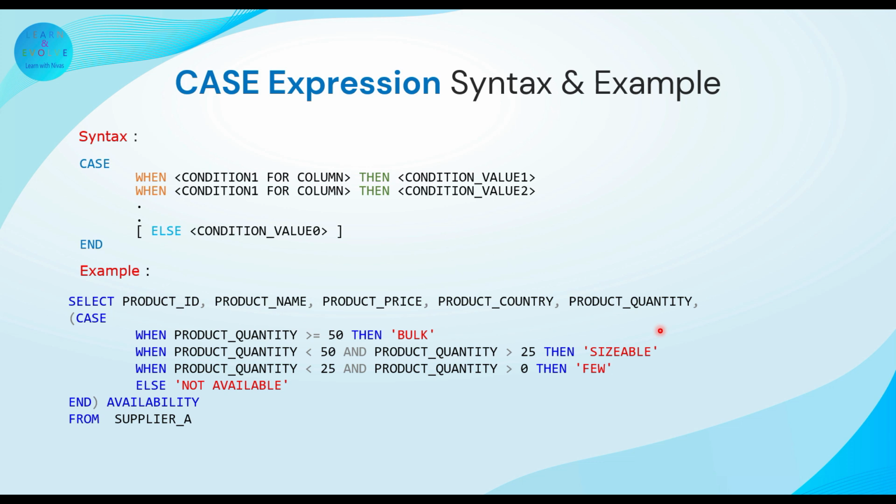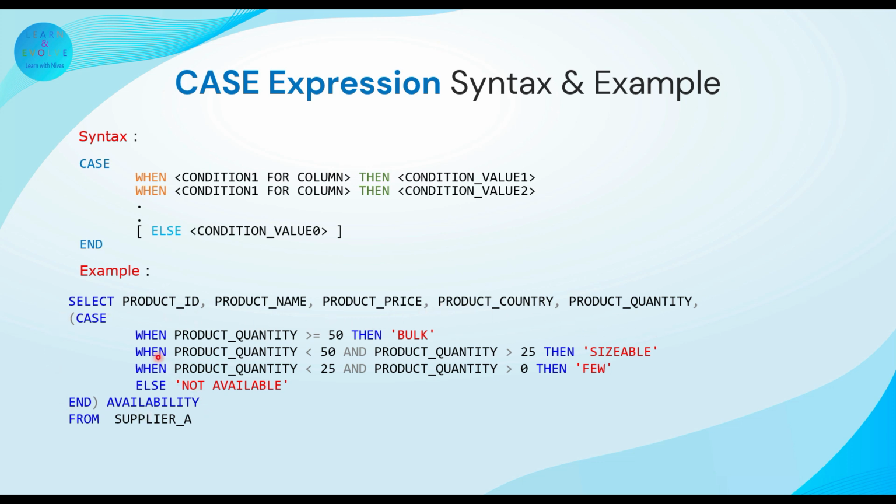If it is greater than 50, it is bulk, and if it is less than 50, it is sizable. He needs to understand each and every product's availability in an understandable manner. For that purpose we will use this case.